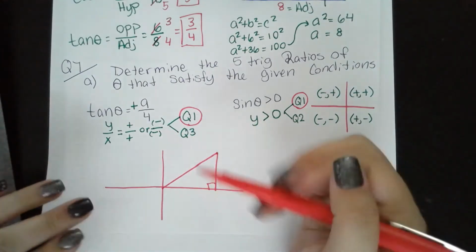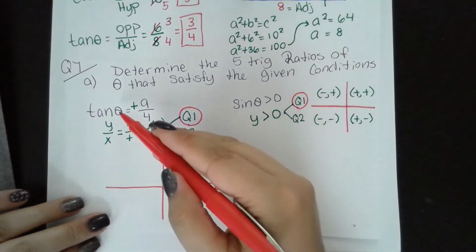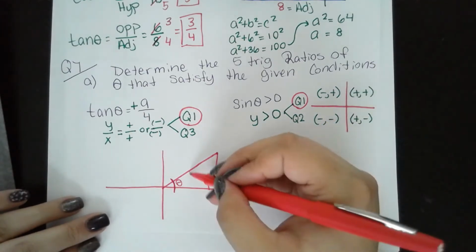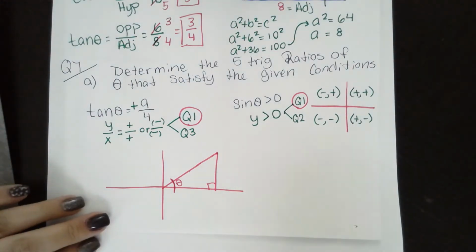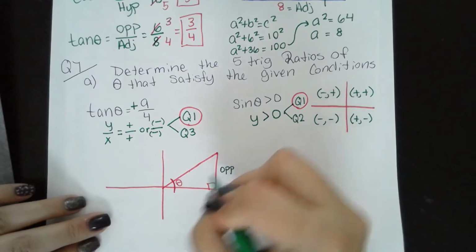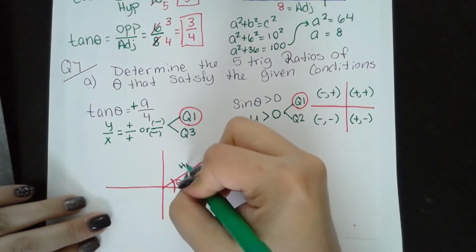This is the angle in question, that's theta, and it's always going to be the reference angle, which is what this angle is. So what's the opposite side of this? It's here. What's the adjacent side? That's there, and the hypotenuse.